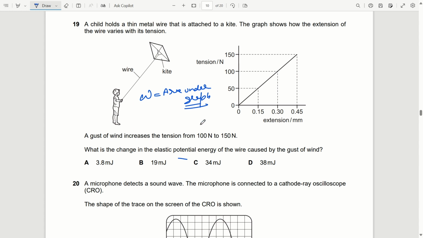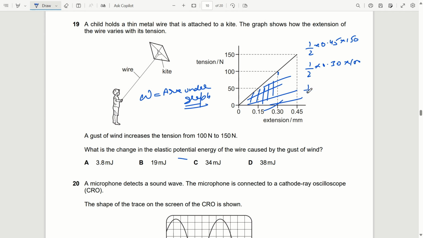Clear? And if you want to find the change in potential energy, when it is at 100 newtons, this is the area. After that you will take this complete area. So change, you can take final area minus initial area. Final area will be half into 0.45 into 150, and initial will be half into 0.30 into 100.